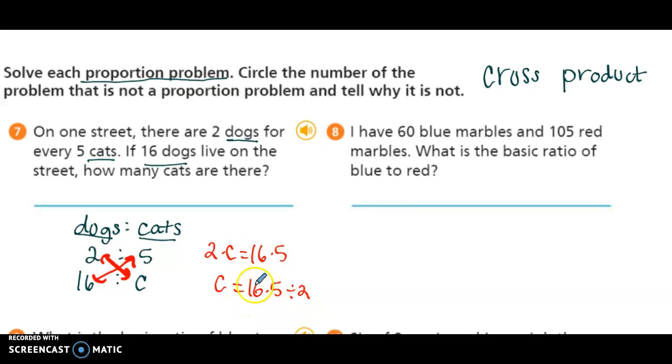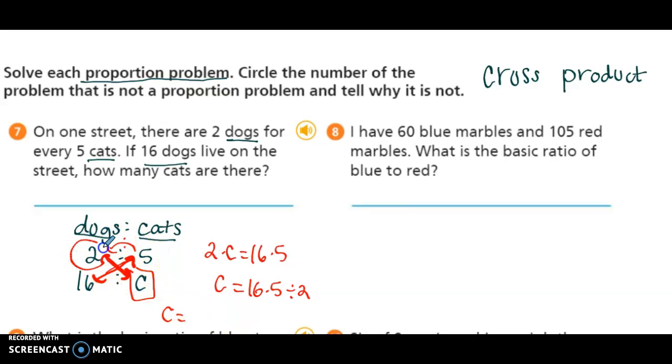Okay, so they're probably going, what's all this about undoing and doing the opposite by dividing, blah, blah, blah. I'm just going to tell you this. To find the answer for C, grab your calculator, multiply and enter in your cross product where you have 2 numbers. You would multiply these and then divide by this lonely guy.